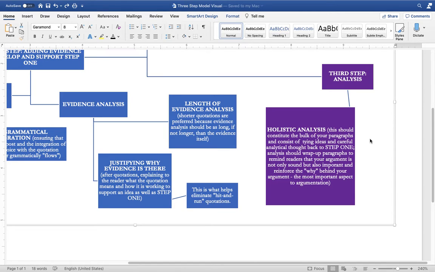But there's also this concept of short-term memory, and framing is a great way to jog the reader's memory.